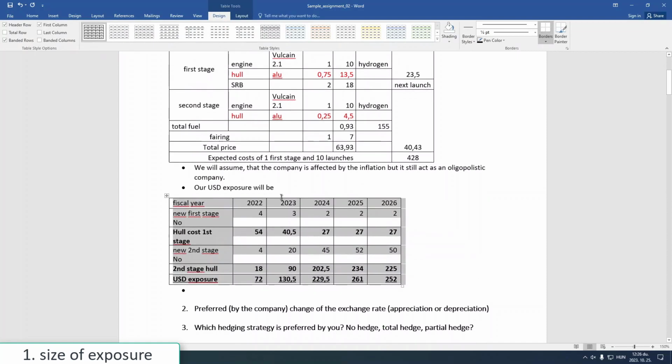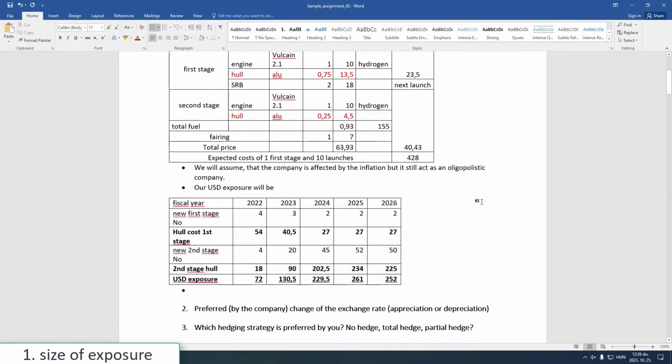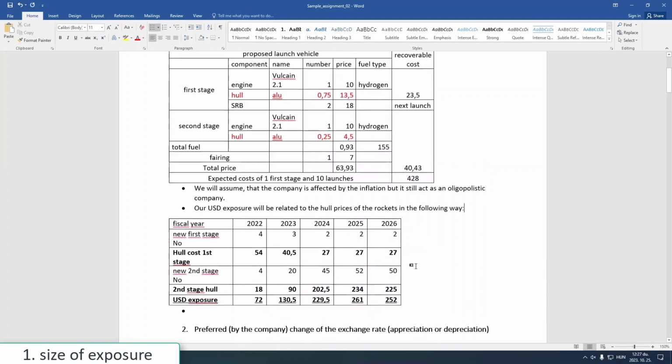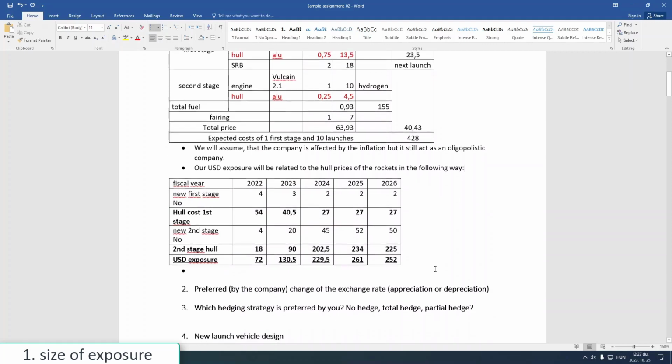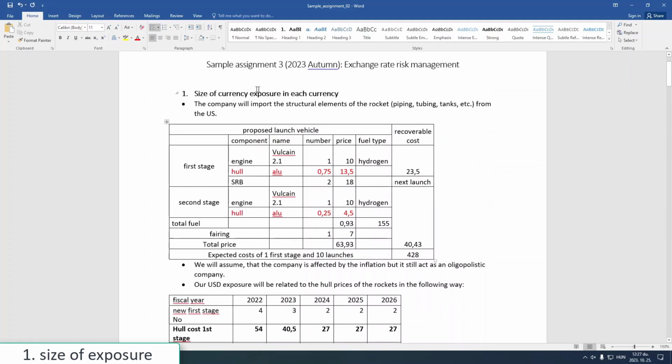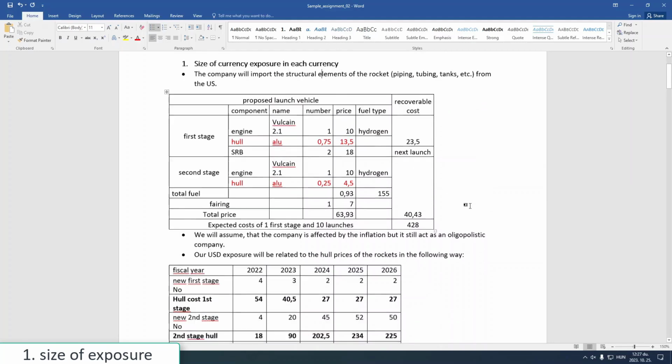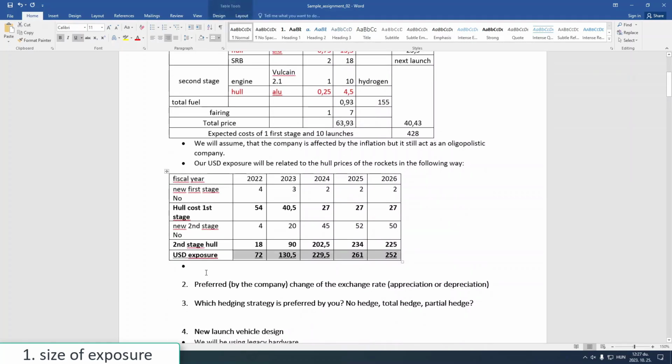Okay, so the size of exposure, I think we defined that this is the size of exposure.